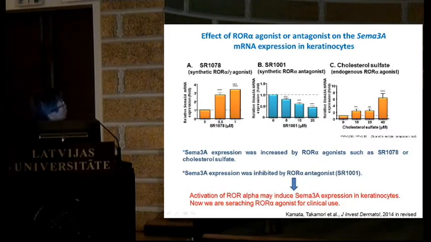Semaphorin 3A expression was increased by ROR alpha agonists such as SR1078 and cholesterol sulfate, and inhibited by ROR alpha antagonist. Activation of ROR alpha may induce semaphorin 3A expression in keratinocytes. Now we are searching for ROR alpha agonists for clinical use.